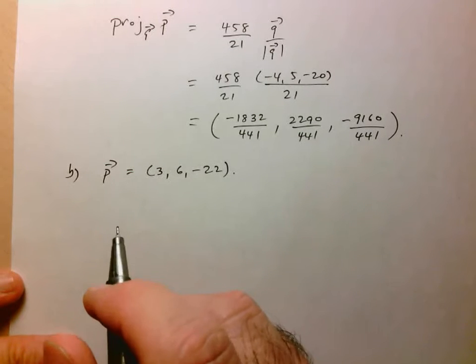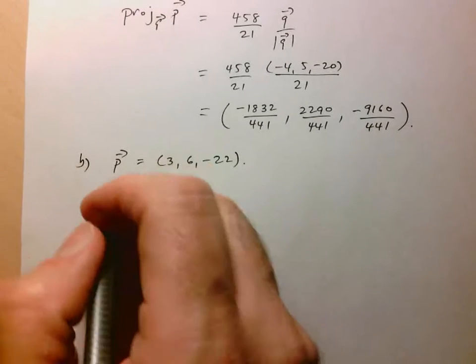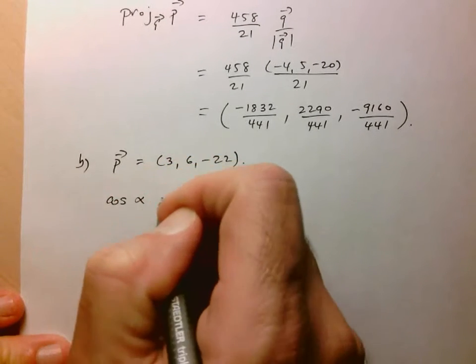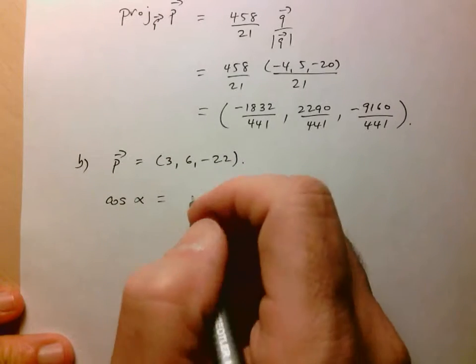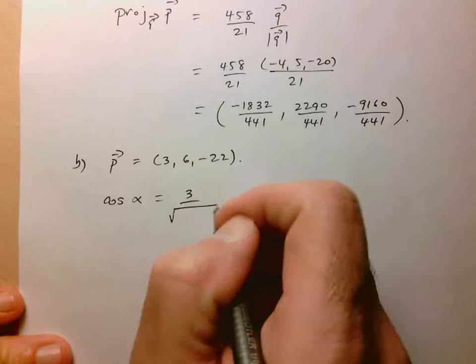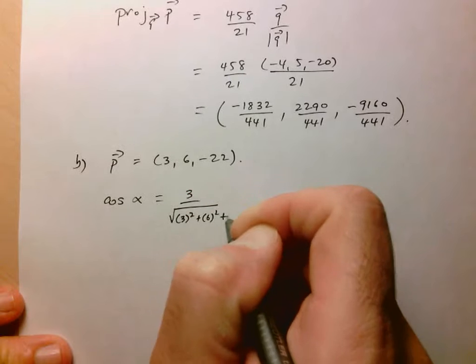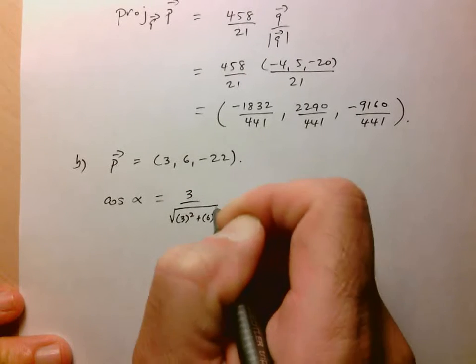The angles to the x, y, and z axes are given by alpha, beta, and gamma. Cos of alpha, to the x-axis, is just the x component over the magnitude, the magnitude of 3 squared plus 6 squared plus -22 squared.